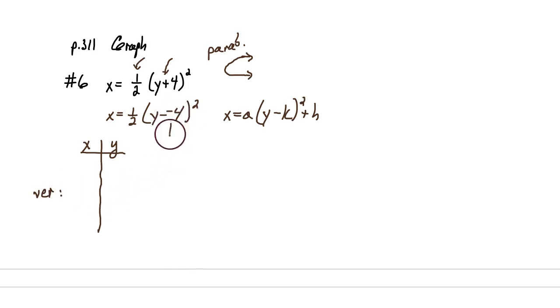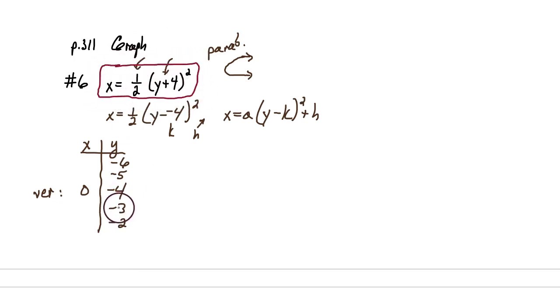This -4 is the k, but what's the h? It's here on the end, and it is just a 0. So our vertex is 0, -4. Now count backwards from -4, -5, -6, and forwards from -4, -3, -2. Substitute these values into the original equation, which is right there.